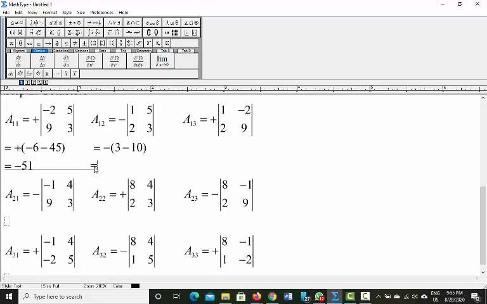So what we will get is 3 minus 10, that is minus 7, and minus 7 is a plus 7. So that's what we will get here.